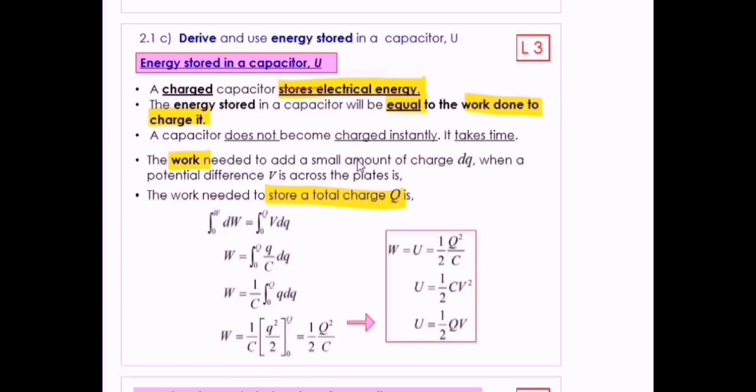So when we integrate it, again, we have V here.